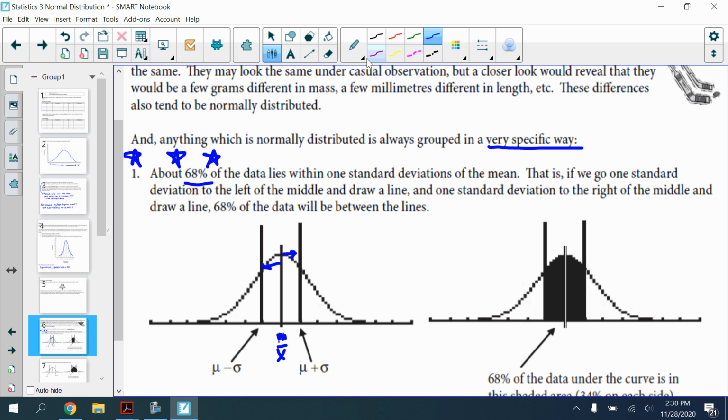Let's go back. So if we went 1 standard deviation above the mean and 1 standard deviation below the mean, you're just going to have to accept these mu's because I'm going to forget to change them. So mu is another way of writing that x bar or mean. So this area that I'm going to color in represents 68% of the data.